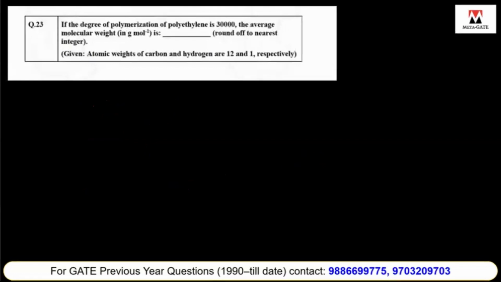If the degree of polymerization of polythene is 30,000, the average molecular weight is, here atomic weight of carbon is 12 and hydrogen is 1. So for polyethylene, the molecular formula is C2H4, which is equal to 2 into 12 plus 4 into 1. So this is 28.